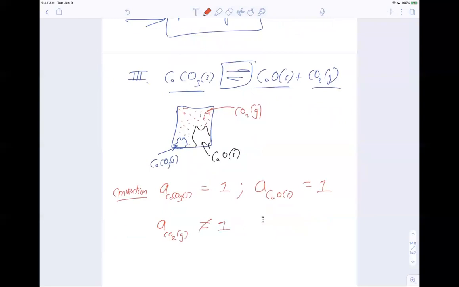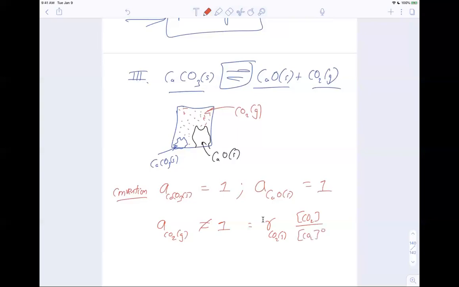It would be either greater than 1 or less than 1, depending on the pressure you're interested in. If it's at a high pressure, then you would have to deal with non-ideality. So this then would just be gamma of CO2 in the gas phase. And then we can say, well, what is CO2 over CO2 in some reference?